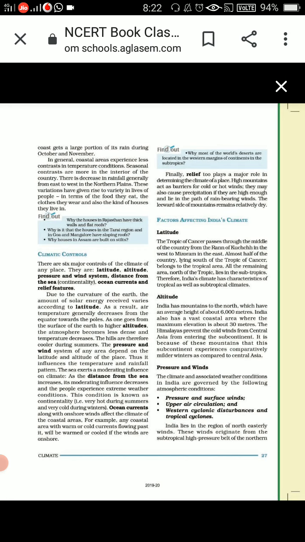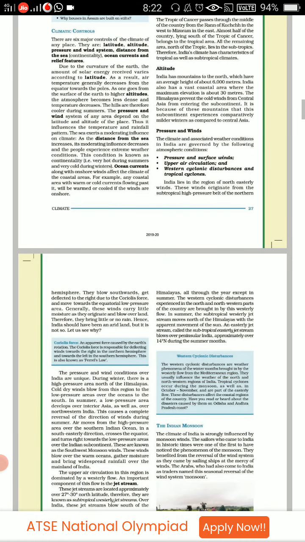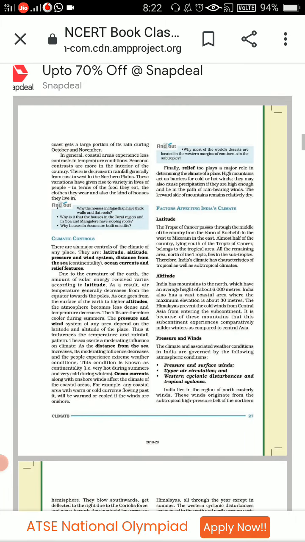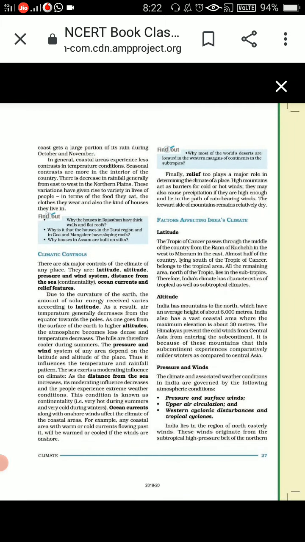These winds originate from the subtropical high pressure belt of the northern hemisphere. They blow southwards and get deflected to the right due to the Coriolis force. These are the reasons why the climate is affected. Children, pressure and winds is a big topic, so I will take this topic separately. So that is the end of today's topic.